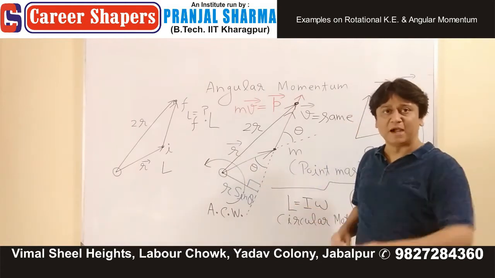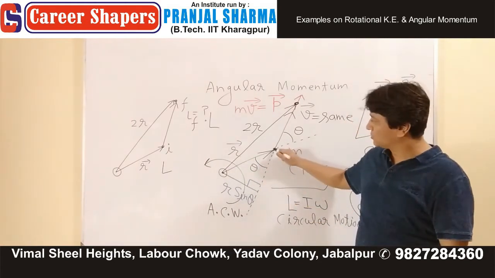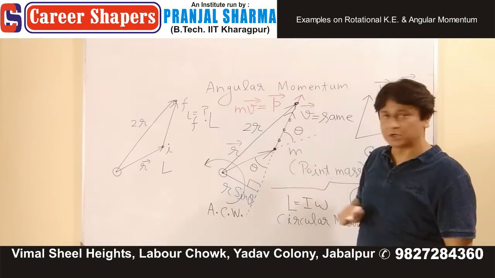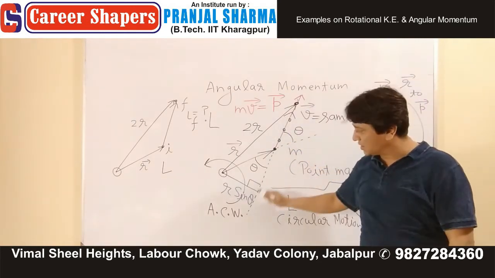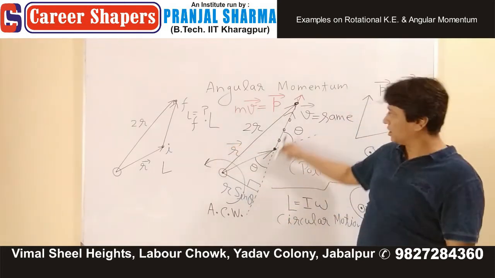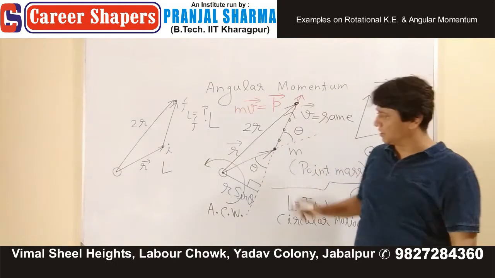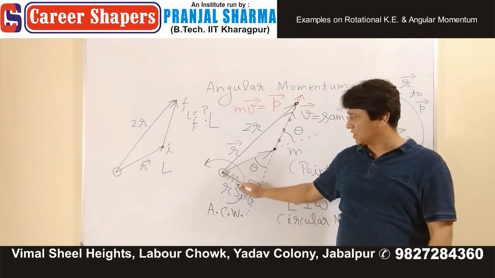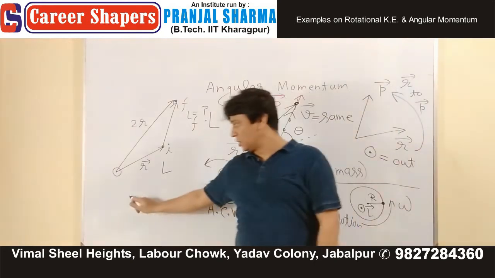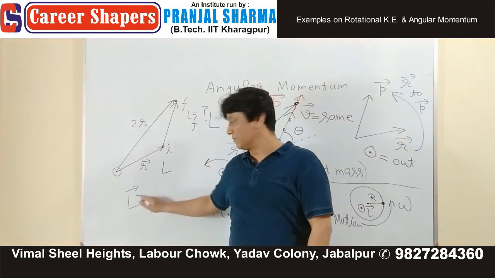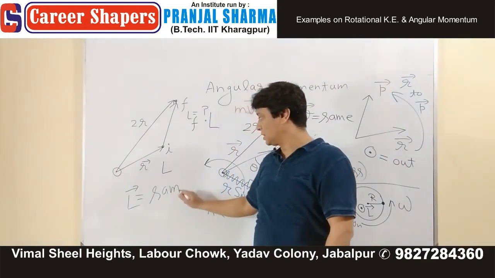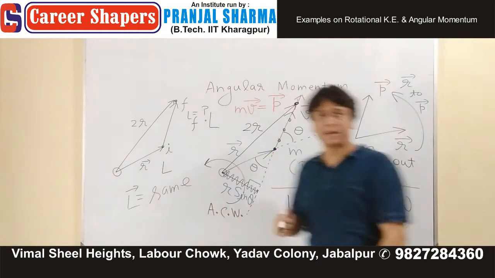So it doesn't matter if you are at this position, at this position, at this position, at this position, your perpendicular distance from the axis of rotation, perpendicular distance of linear momentum is throughout what? Same. And therefore, your angular momentum, even the direction is not going to change, is what? Same.